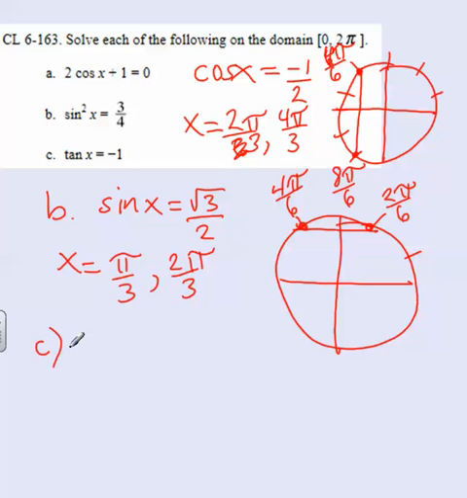Part C, where is the tangent of x equal to -1? So back to the unit circle.